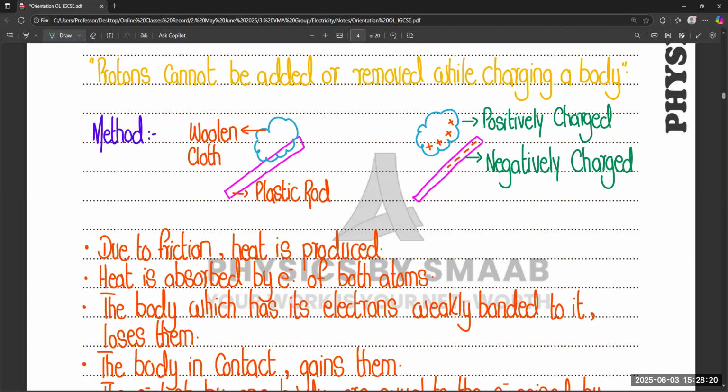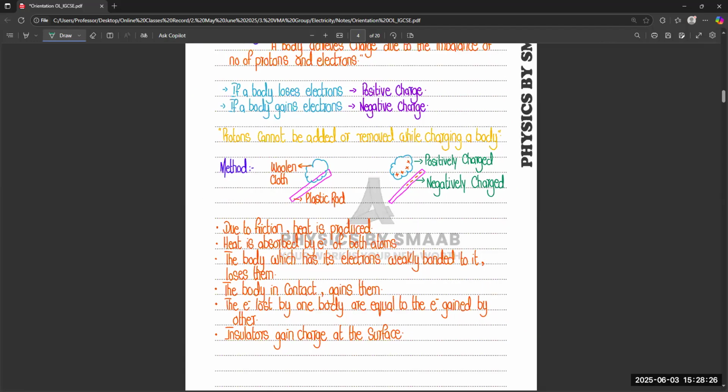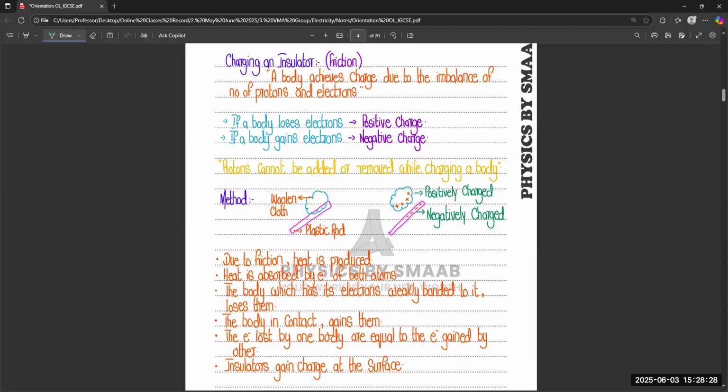And for example, if we consider questions related to this concept of the charging of a body, in MCQs you will get many questions related to this idea, and in different forms also.